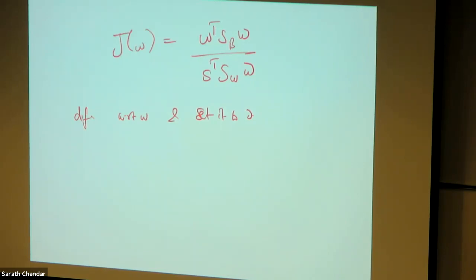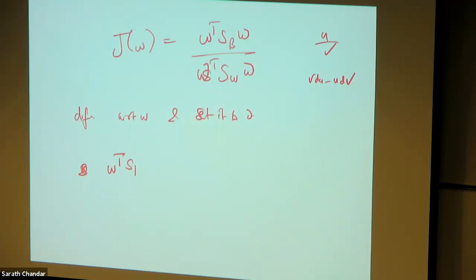A simple way: whenever you have U by V, the differentiation is given by V dU minus U dV, all divided by V squared.